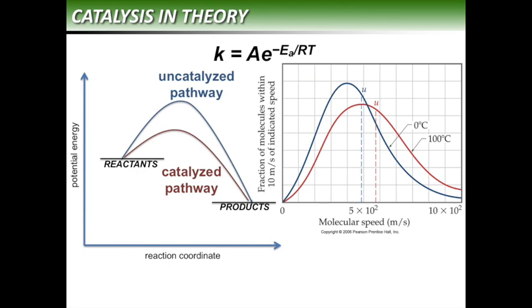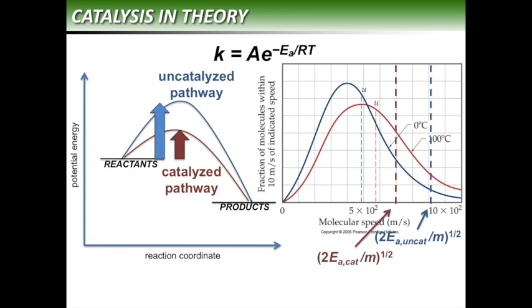And I'm going to give you a picture of how that might happen with a particular substance in just a moment. But here what you can observe is that if I've got a lower activation energy and this barrier isn't as high anymore, what that's going to mean to the Boltzmann distribution, recall, is that there's a larger chunk of this graph containing molecules capable of undergoing the reaction. If my uncatalyzed pathway requires me to have at least that much speed, then I would expect that my catalyzed pathway might only need the molecules to be moving that fast.